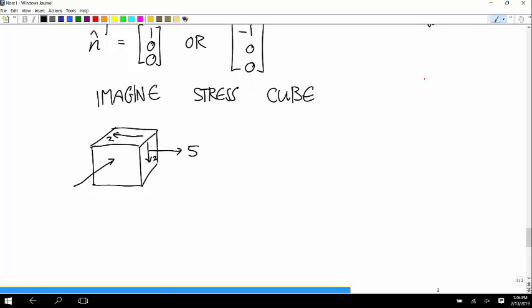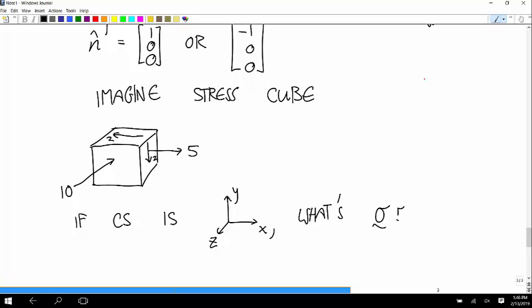And let's say that here there's 10. Okay. If the coordinate system is what we're used to, what's the stress tensor?